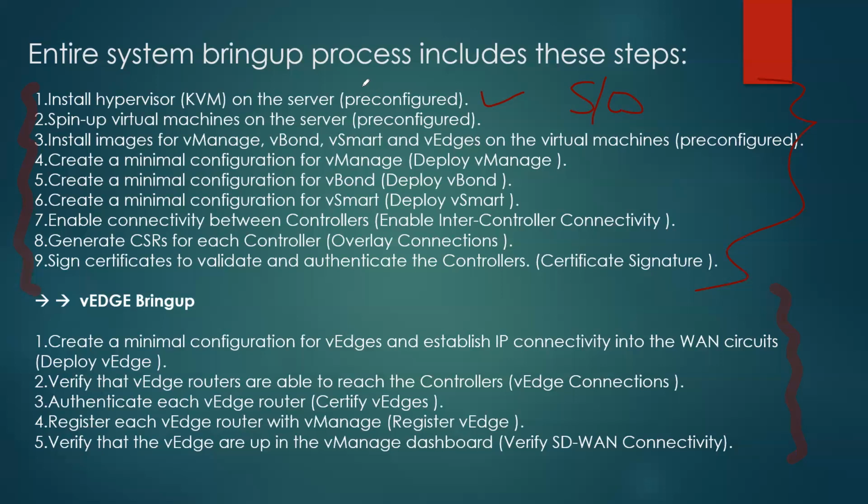There is some exception with vBond, I'll cover that later on. But all your edge devices may be software or hardware as well. It's up to us. So we have two flavors: either we use the software version or the hardware version. Any doubt in this statement?